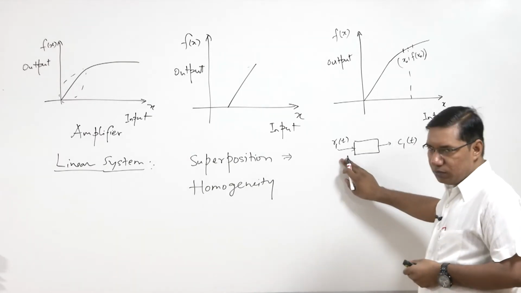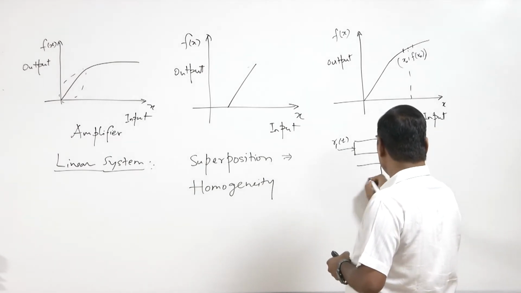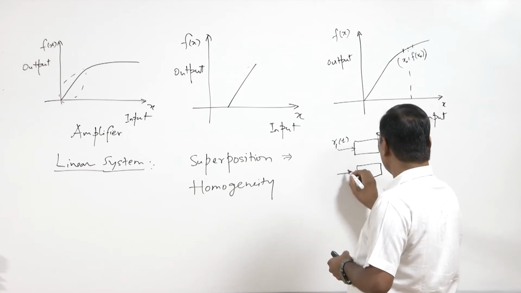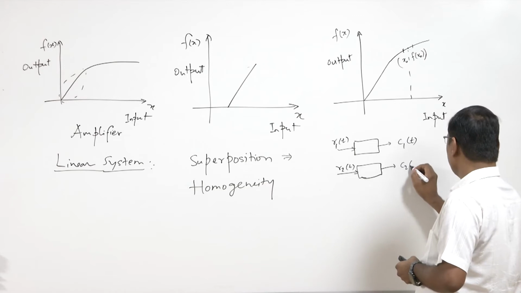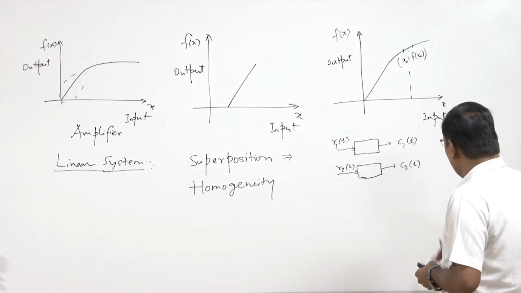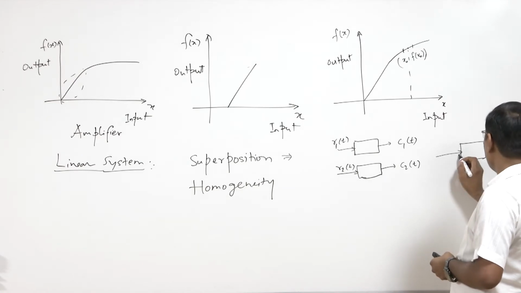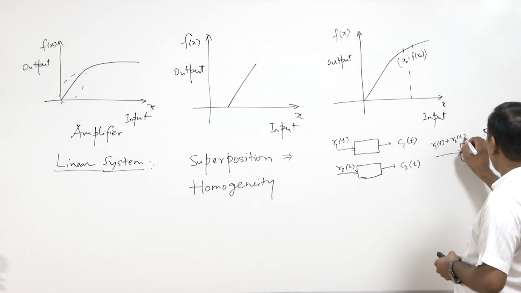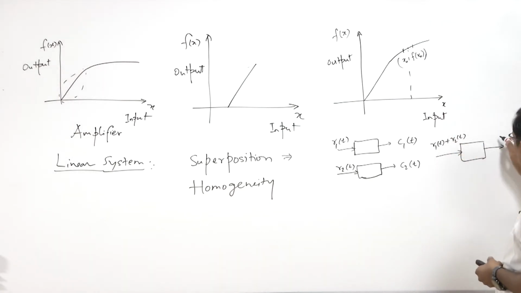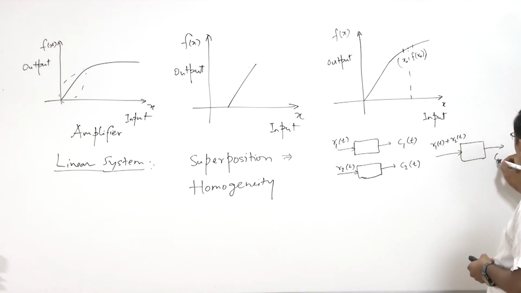I give some different input R2(t) and I get a corresponding output C2(t). Now for the same system I give an input R1(t) plus R2(t). I should get an output that will be the sum of the individual outputs, C1(t) plus C2(t).